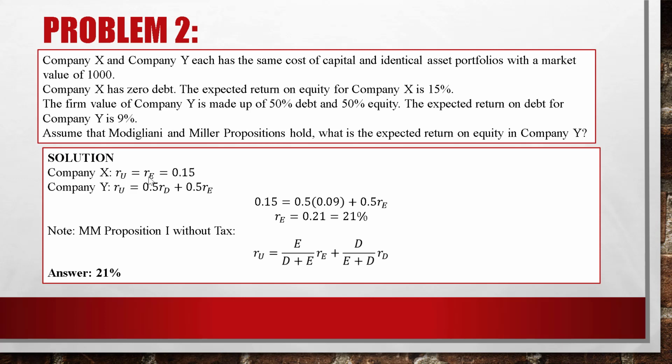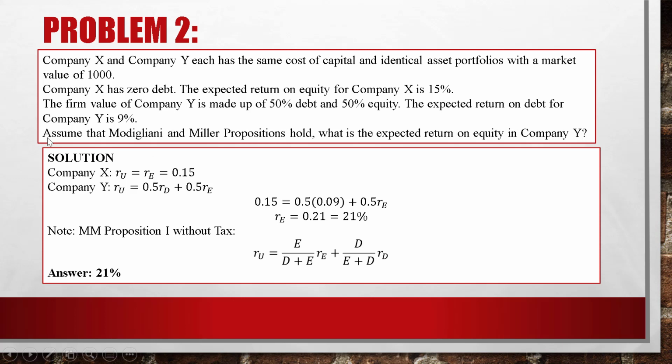So for Company Y, RU is equal to 0.5 times RD plus 0.5 times RE by proposition 1 without tax. And RD here is 9%, given. RE is not given, but we know that the cost of capital of Y is the same as the cost of capital of X. So RU in Y should be 0.15 or 15%.